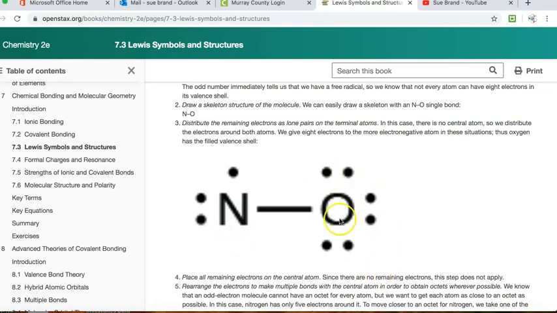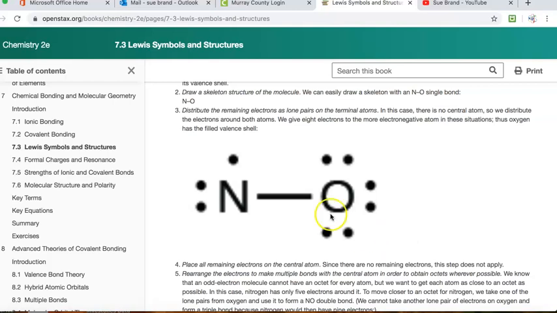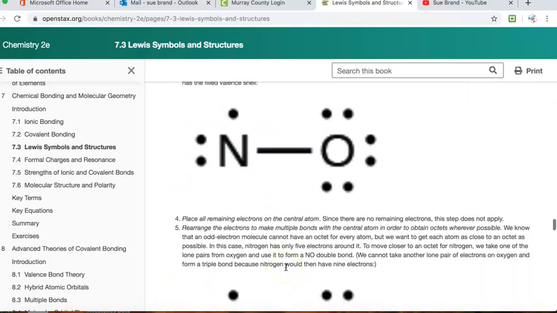So that means oxygen is going to be given its regular amount of electrons. So it should have 8 around it, 2, 4, 6, 8. And then nitrogen is going to be lacking. Here it only has 2, 4, 5 around it.